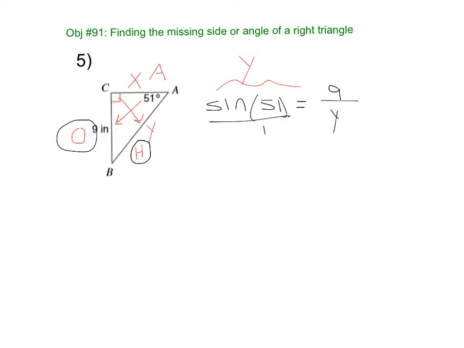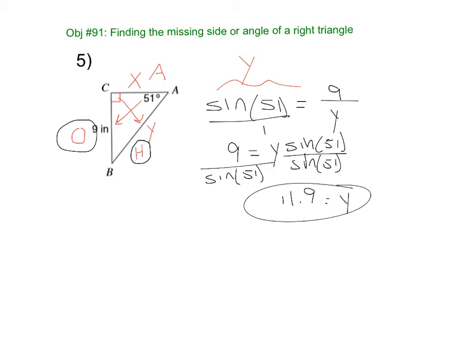Cross multiply. 9 equals Y sine of 51. Divide by the sine of 51. Y equals 9 divided by sine of 51, 11.9. All right, so now we're going to find X. So for X, I have my adjacent, and I'm going to use the 9 again.